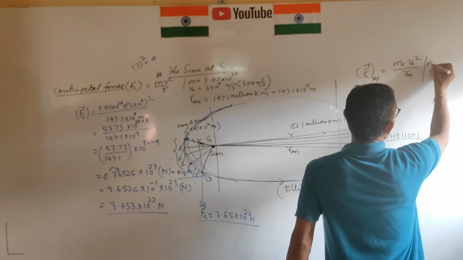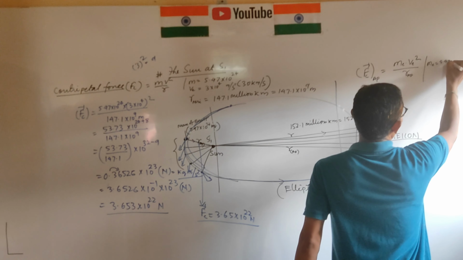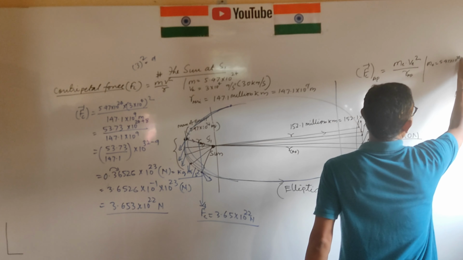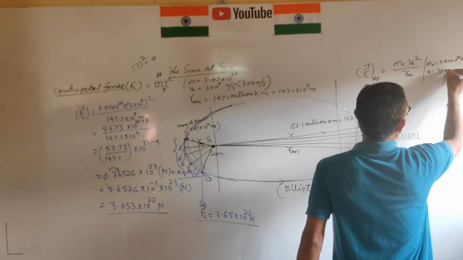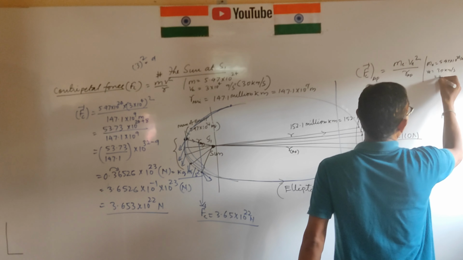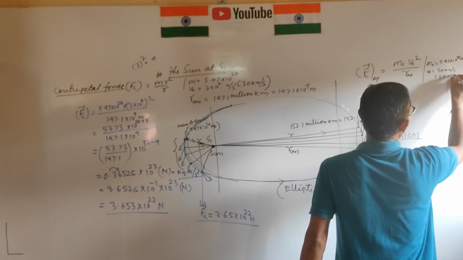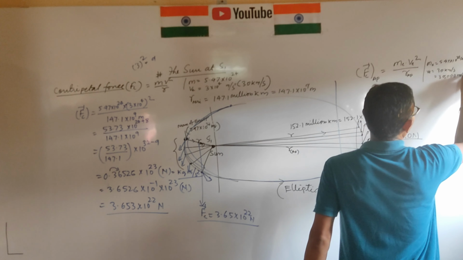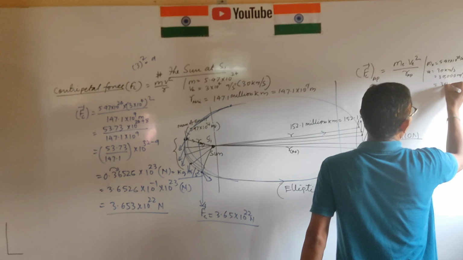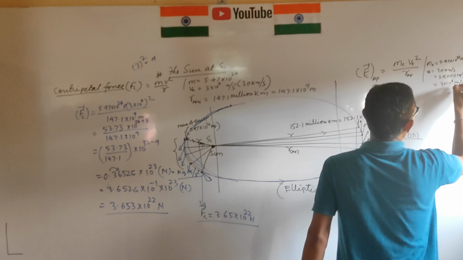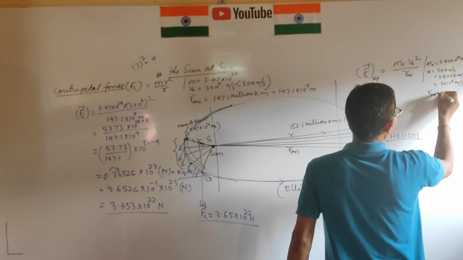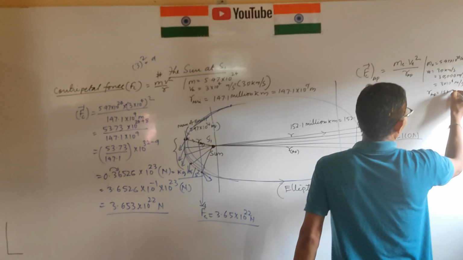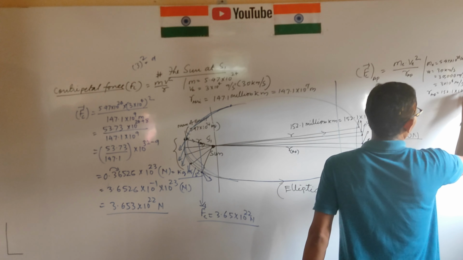Mass of earth is 5.97 into 10 to the power 24 kg. Velocity of earth is 30 km per second, that is 3 into 10 to the power 4 meter per second. And the aphelion is 152.1 into 10 to the power 9 meter.